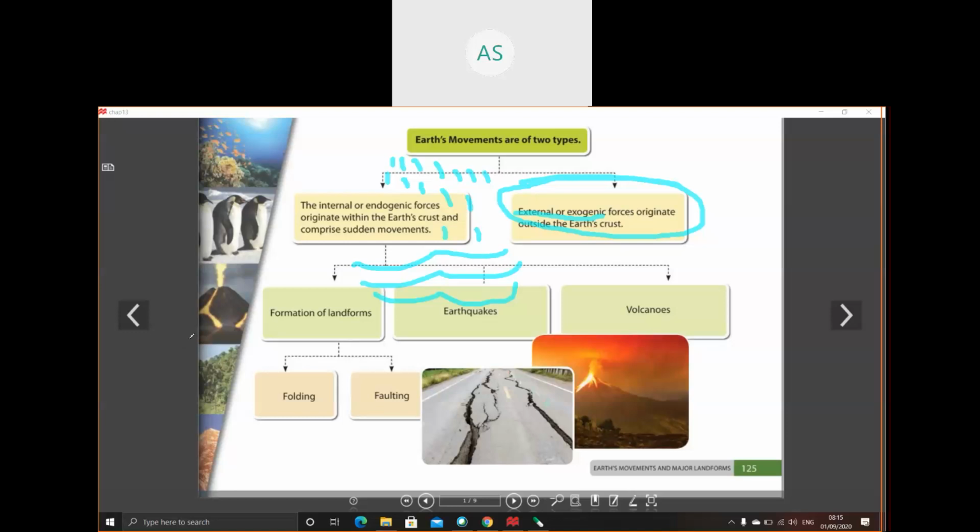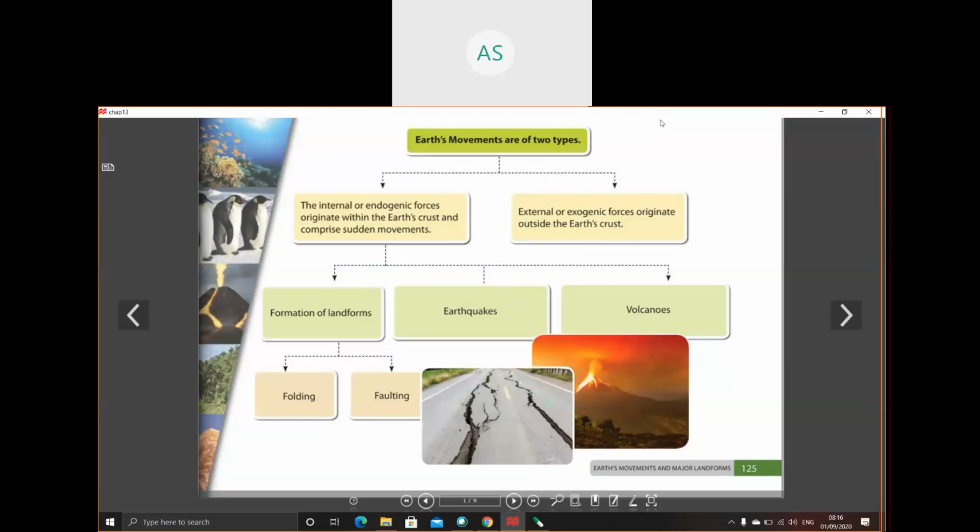By those features, the earth forms its structure differently, and that's what we call external or exogenic forces. They originate outside the earth's crust, as the heavy rainfall and heavy wind are formed outside the earth's crust.